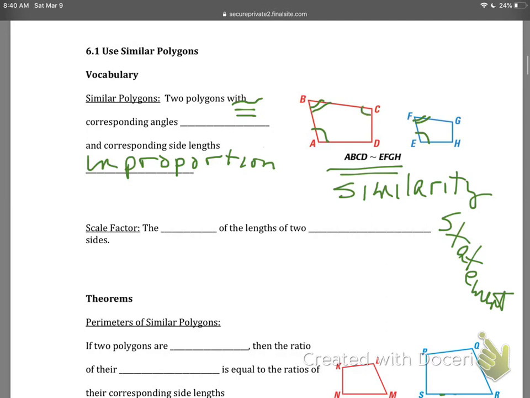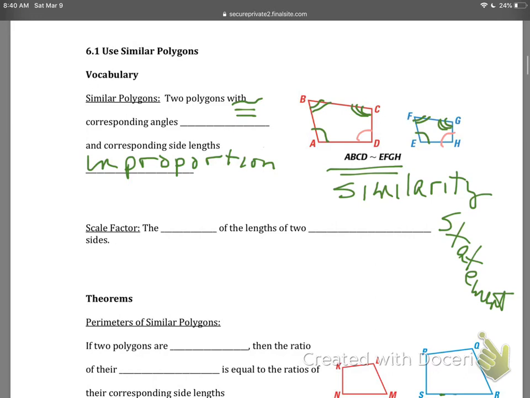C is congruent with G. And D, I'm going to try to make, well, maybe I'll do something like this. Then I'll just change the color. So let me just change that color. That is congruent with H. Okay, so that's my congruency that I got from my similarity statement.